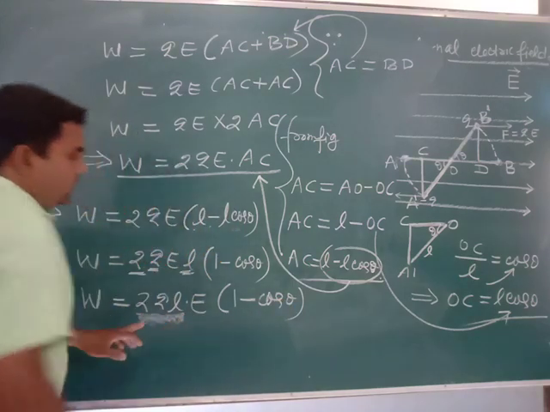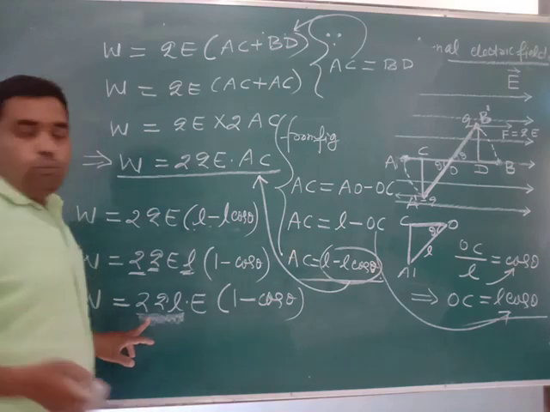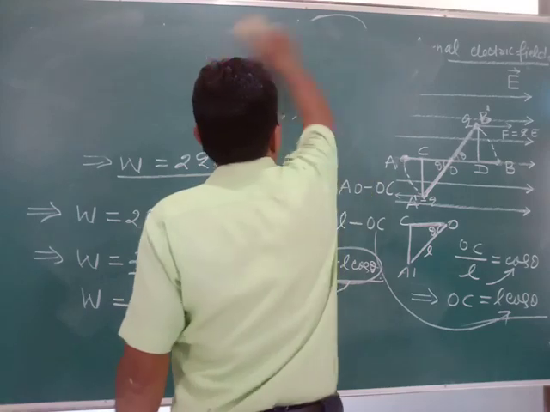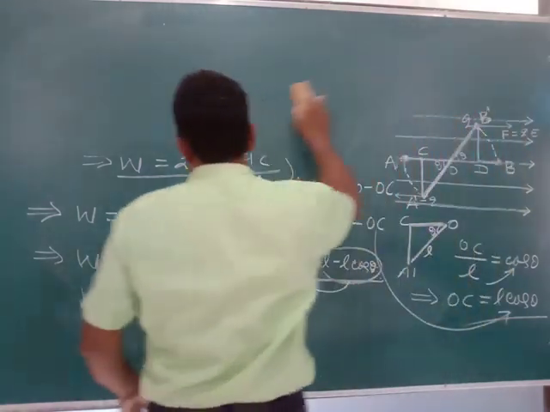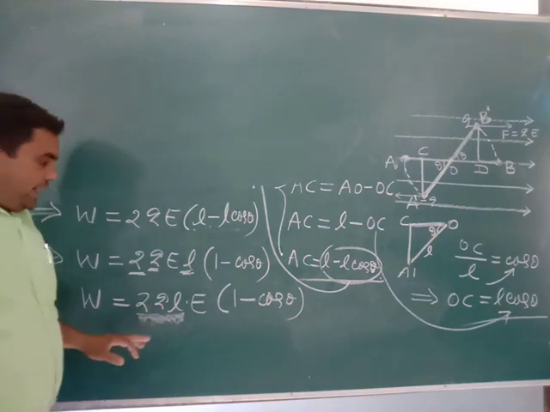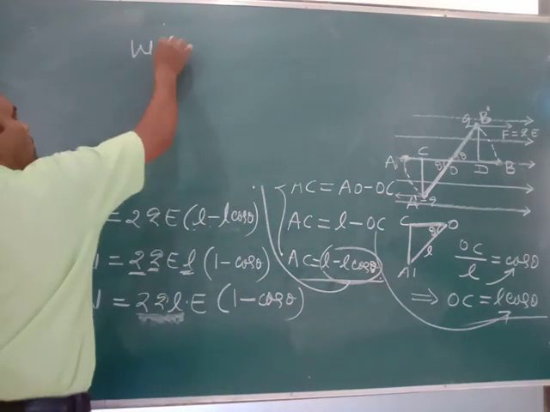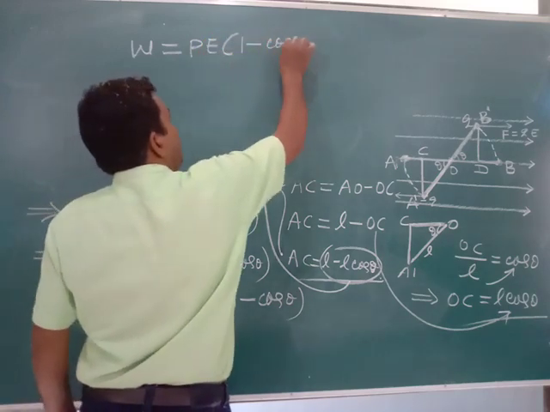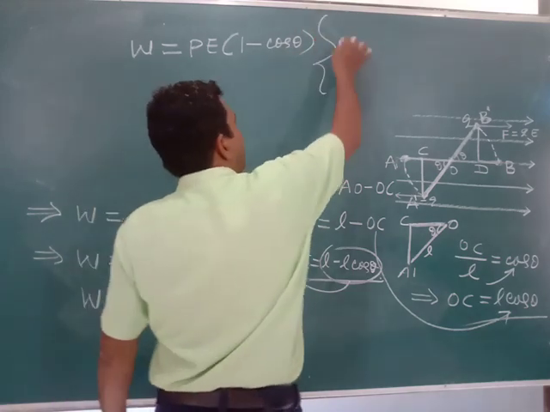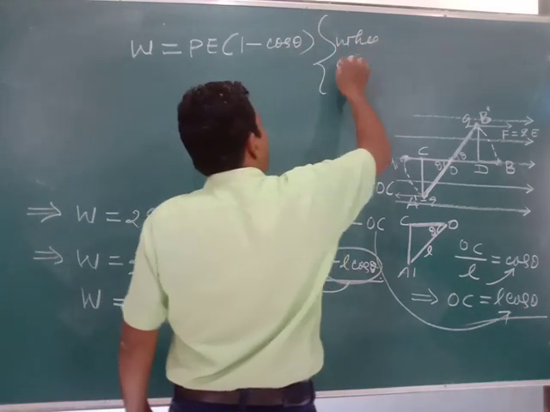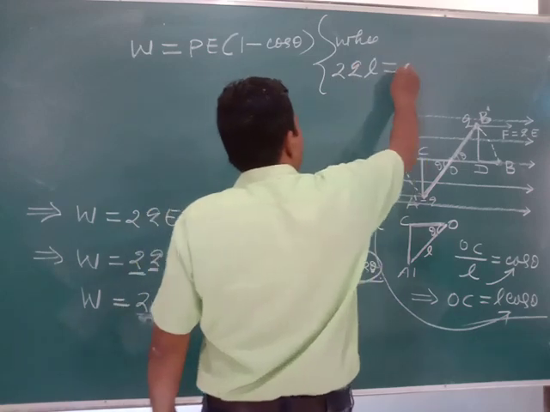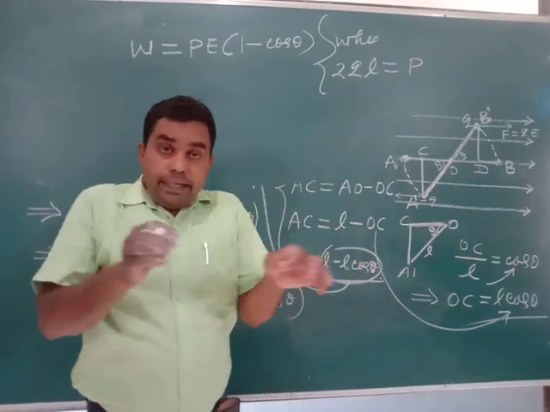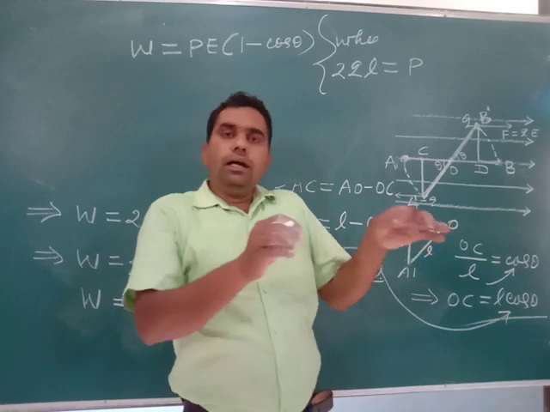Where 2QL is the electric dipole moment of the electric dipole. Then this step is obtained as W is equal to PE in bracket 1 minus cos theta, where 2QL is equal to P, the electric dipole moment of the electric dipole.